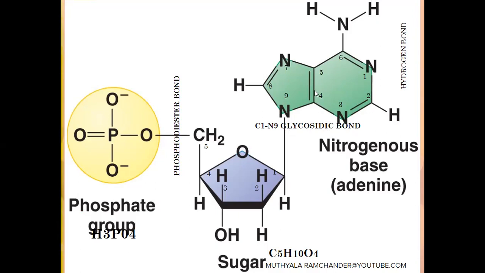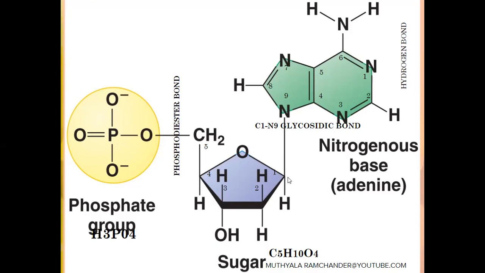It is a purine. Every purine is connected with the sugar molecule by a C1N9 glycosidic bond, meaning the first carbon of the sugar is connected with the ninth nitrogen of the purine.